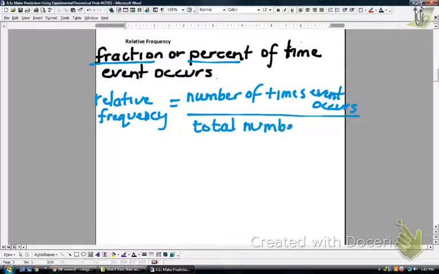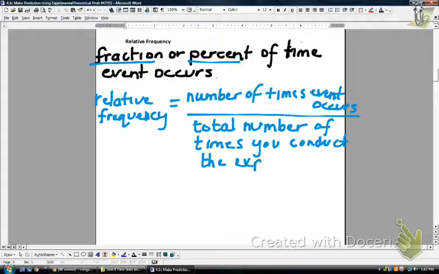This should look very similar to experimental probability. So you might check your definition of experimental probability and relative frequency, and start figuring out how they're the same, because they are. Okay, so relative frequency equals the number of times the event occurs over total number of times you conduct the experiment. Let's go ahead and look at an example.